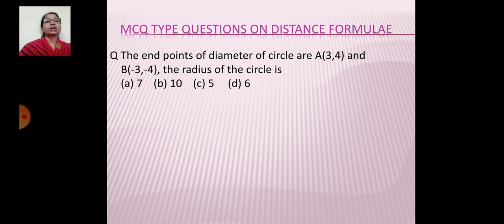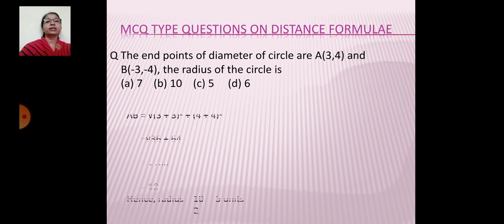A and B are the end points of the diameter. So what we will do? By using distance formula, first we will find out length AB, and because it's a diameter, radius is half of the diameter, so we'll divide it by 2 and we'll get the answer.